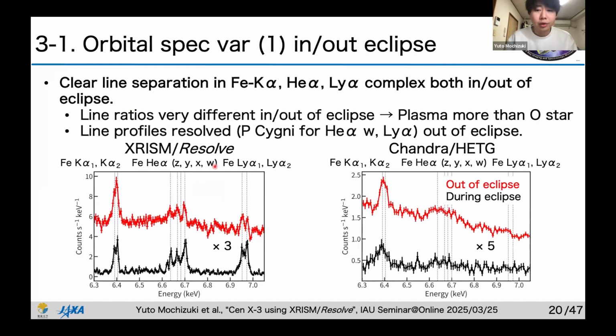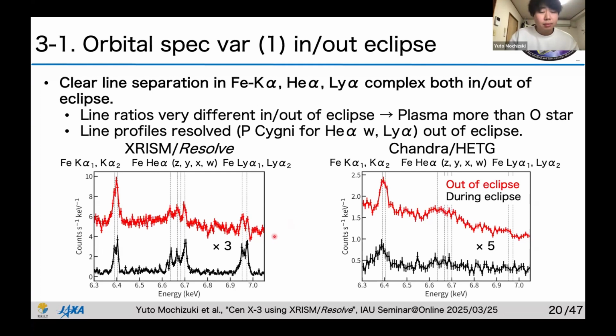Next I will introduce the results. These are the results of the orbital spectral variation, both in and out of eclipse. This figure shows the spectra from Resolve and Chandra HETG with grating detector. As you can see in the left figure, we can clearly separate the lines in iron K alpha and helium alpha XYZ, W, X, Y, Z, and the Lyman alpha, in and out of eclipse states.